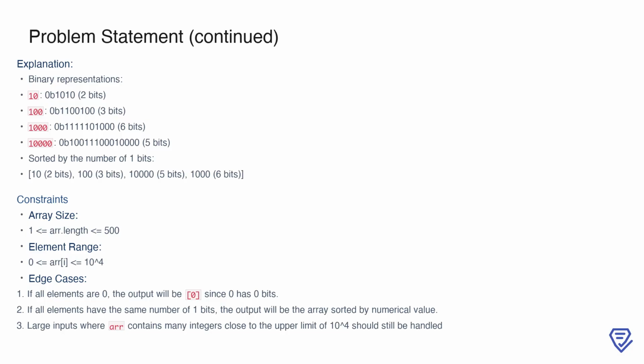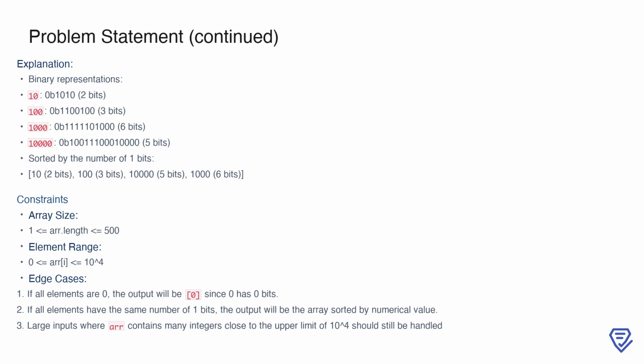Suppose the input array is 10, 100, 1000, 10,000. The output is 10, 100, 10,000, 1000. To verify this, we calculate the binary representation and count the bits. The number 10 is 0b1010 with 2 bits, 100 is 0b1100100 with 3 bits, 1000 is 0b1111101000 with 6 bits, and 10,000 is 0b10011100010000 with 5 bits.